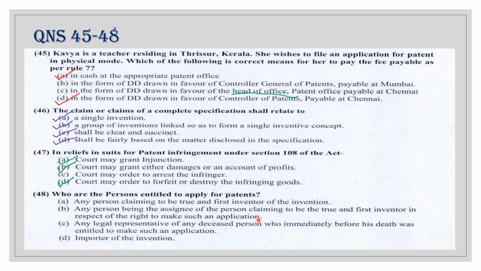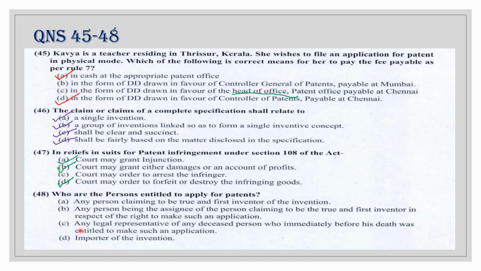Option A is any person claiming to be the true and first inventor of the invention. Option B is any person being the assignee of the person claiming to be the true and first inventor in respect of the right to make such an application. Option C is any legal representative of any deceased person who immediately before his death was entitled to make such an application. Option D is importer of the invention.